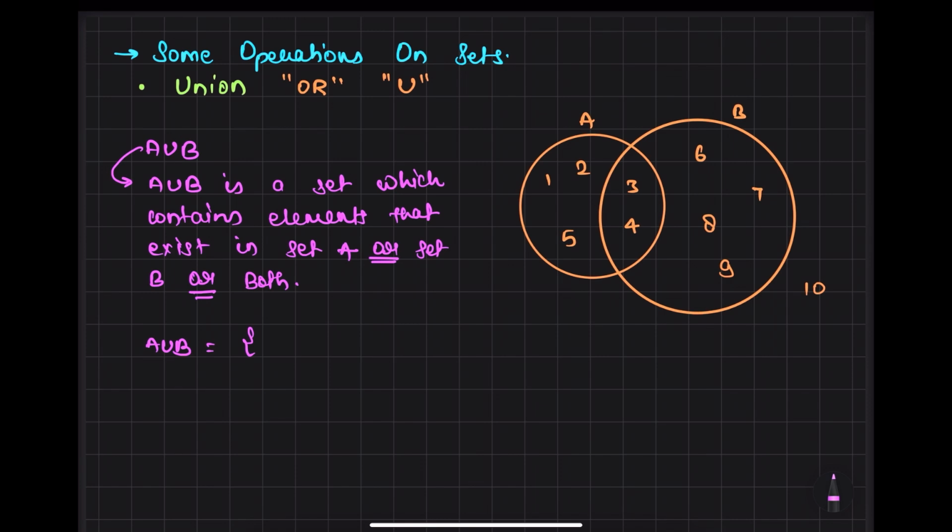So A union B is a set that contains all the elements that exist in set A or set B or both. So look at this: 1, 2, 3, 4, 5, 6, 7, 8, 9. This is the answer for A union B.